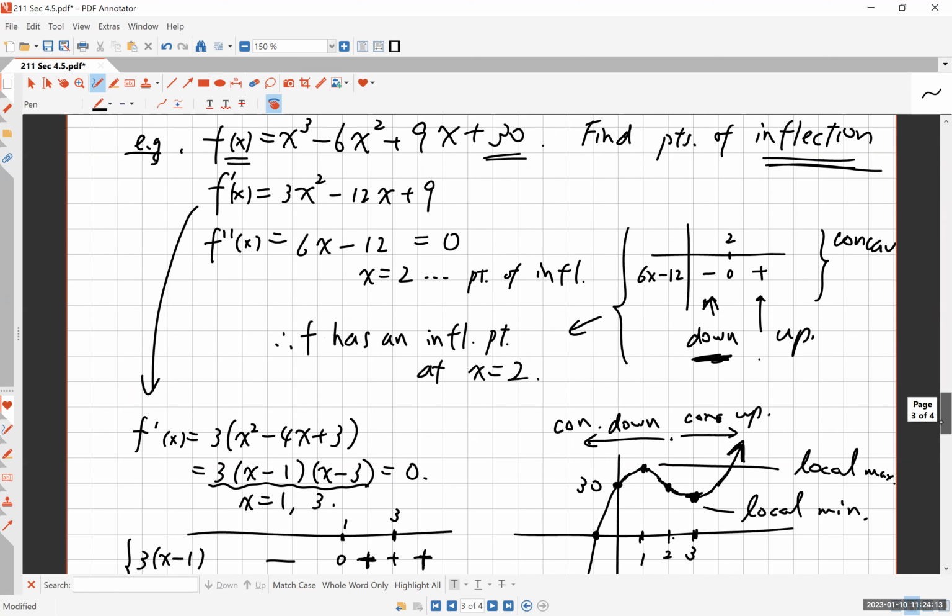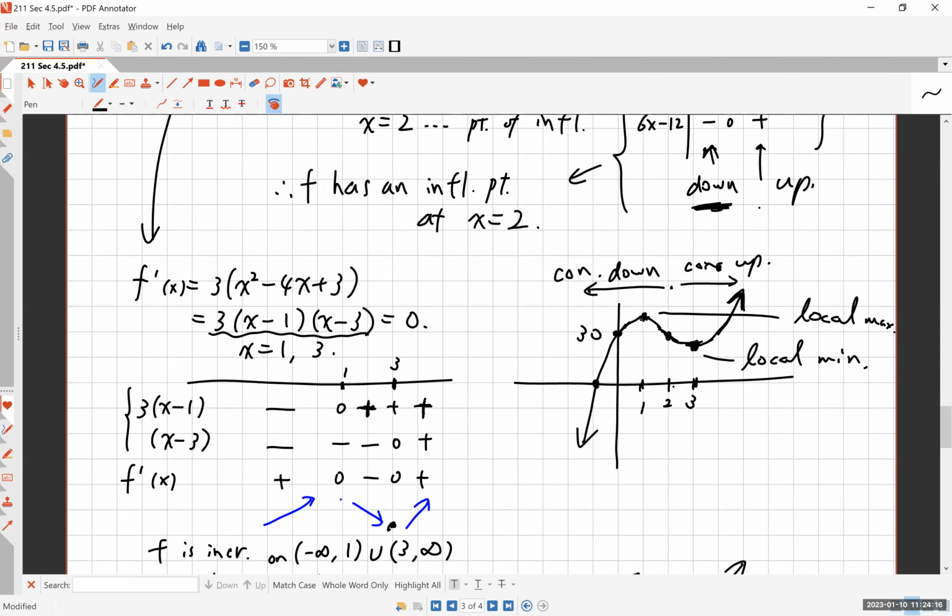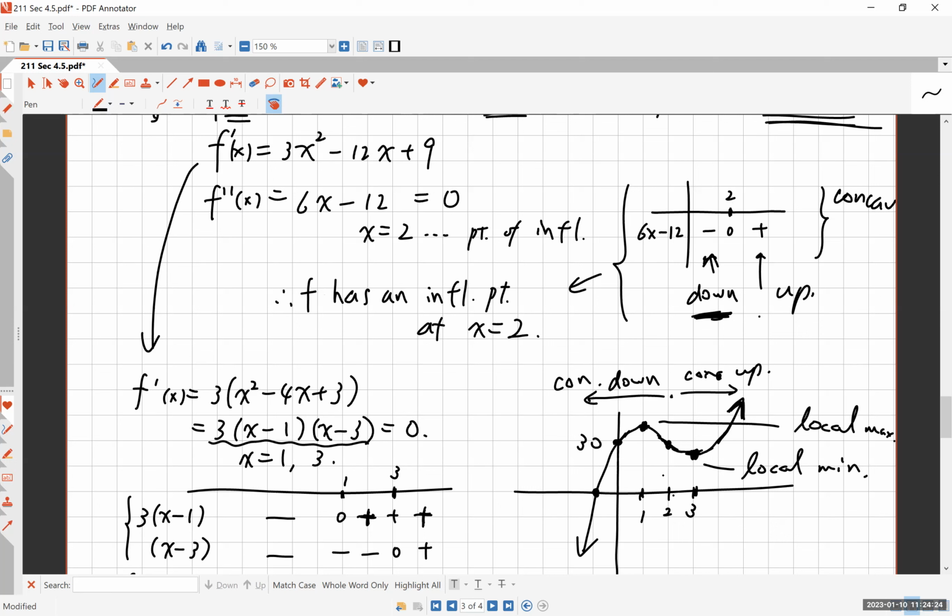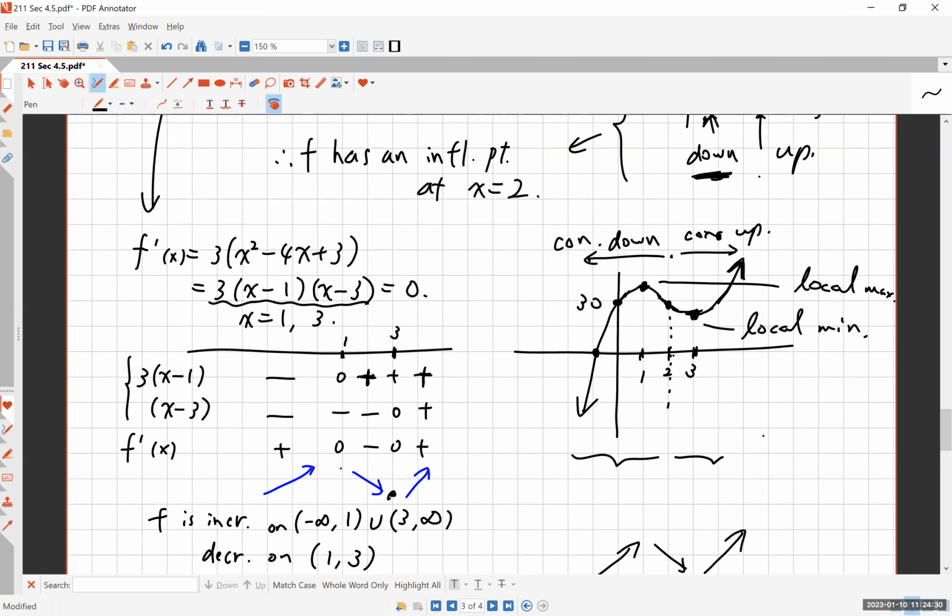And now with this, for instance, if you look at this point 1, that's where the maximum happens. But if you look at the second derivative, the boundary point was 2. At 2, the concavity changes, right? So here the concavity is down, concavity is up. So what happens at these two critical points? Here's a critical point 1, here's another critical point 3, but at 1, concavity was down.